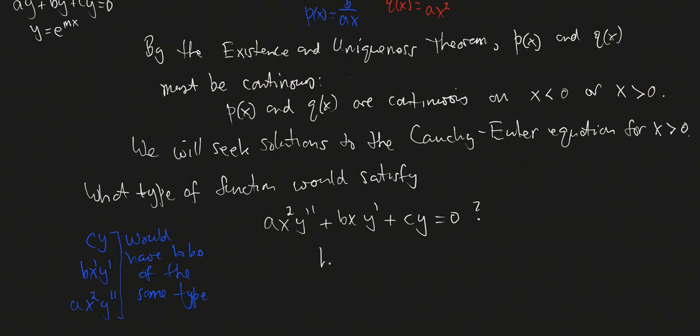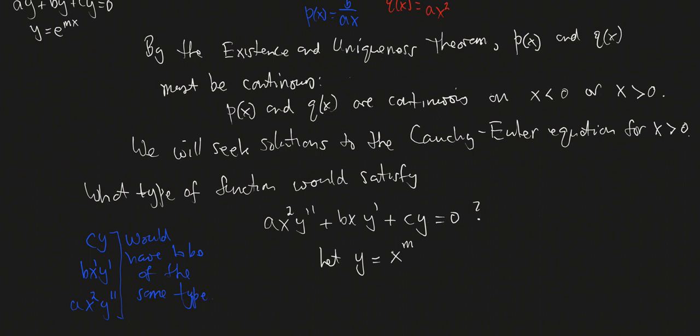So let y be equal to x to the m, right? This goes back to that fundamental difference between a power function and an exponential function. So we're going to start by looking for functions of this form that could possibly satisfy this equation.